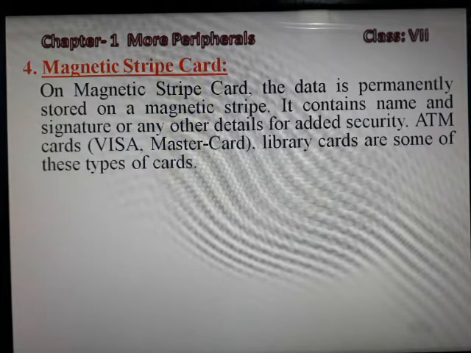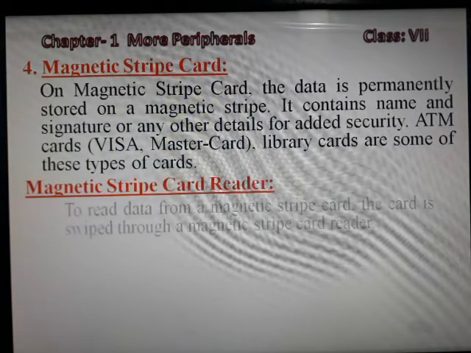Means in this card the data is stored permanently on a magnetic strip. It contains name and signature or any other details for security purpose. Example of this card: ATM cards, library cards, etc.